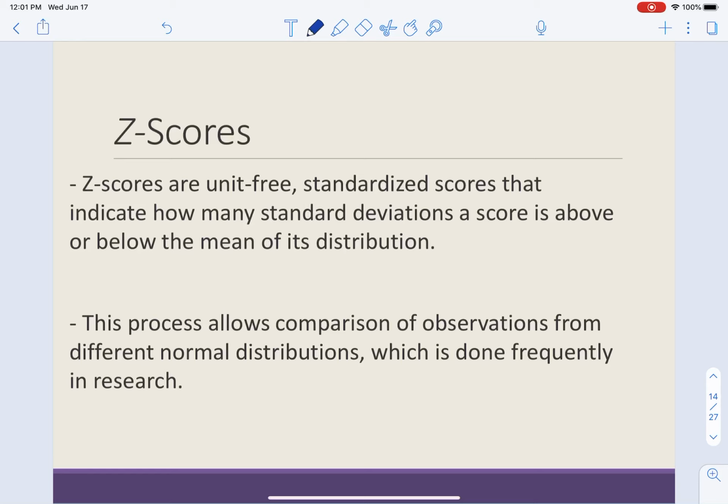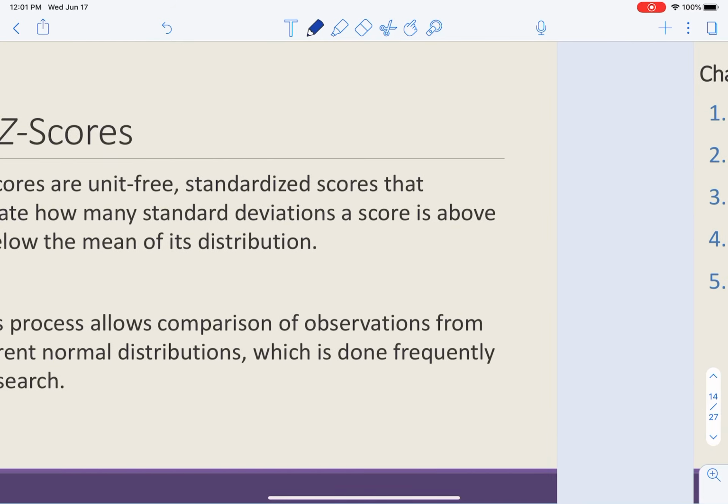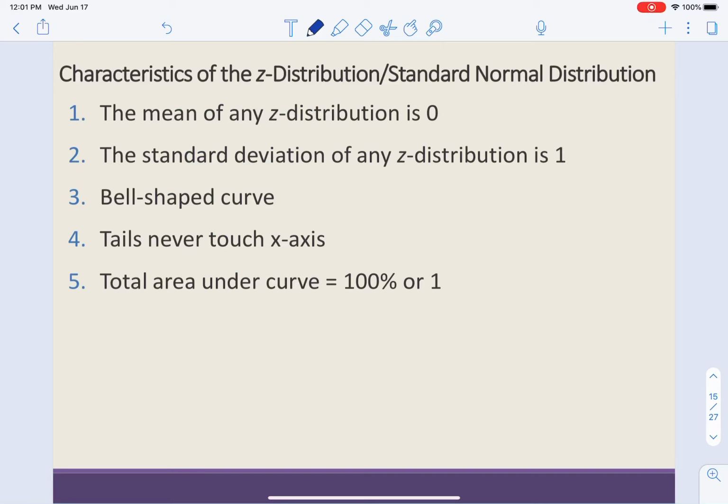And recall that a standard deviation is essentially a measure of how far something deviates from a mean. This Z-score comes from a Z-distribution.